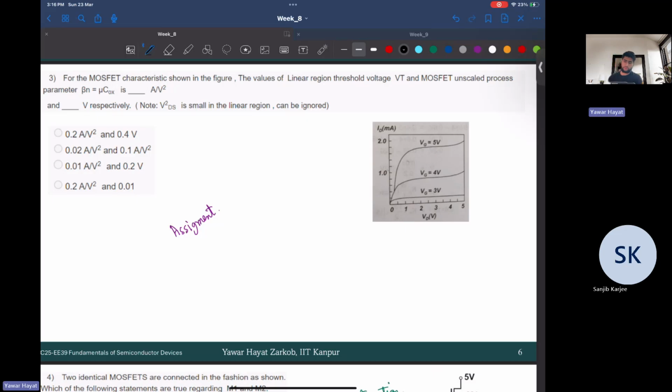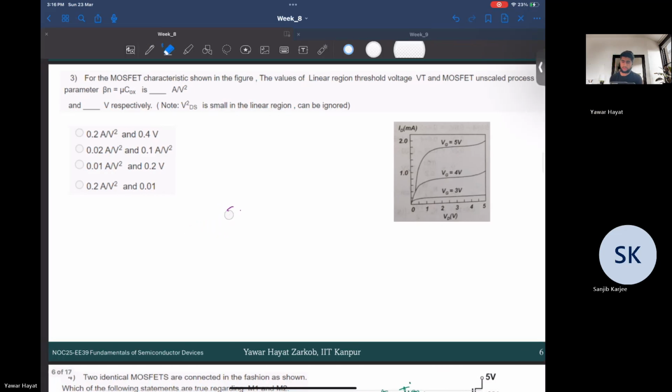Then you had problem number 3, right? And for this, MOSFET characteristics were shown. You were supposed to find the values of the linear region threshold voltage VT and the MOSFET unscaled process parameter beta n, which is equal to mu n Cox.